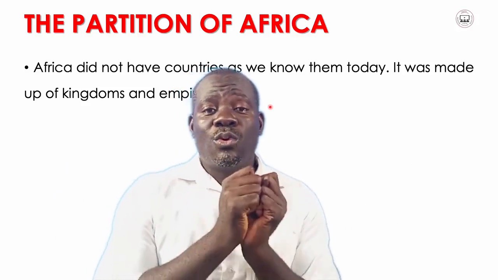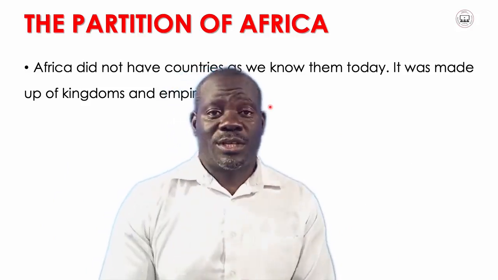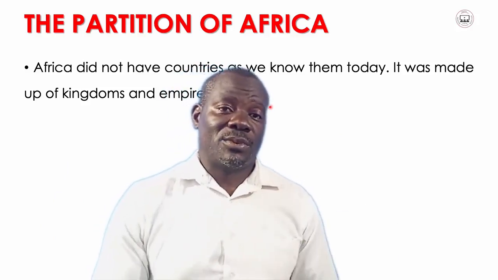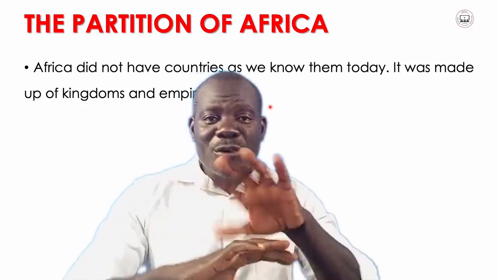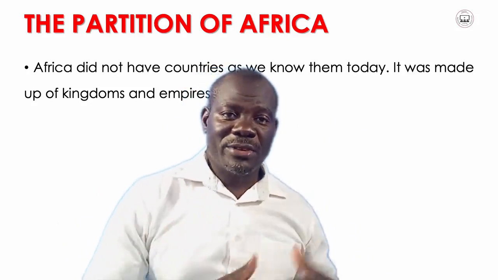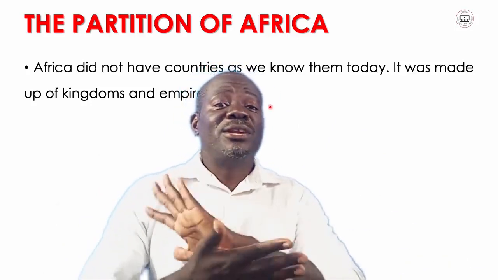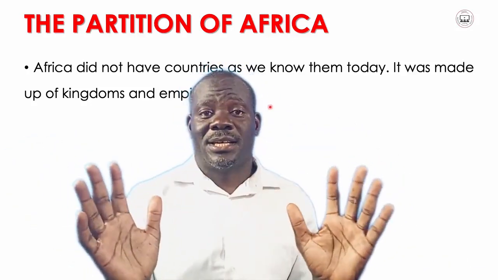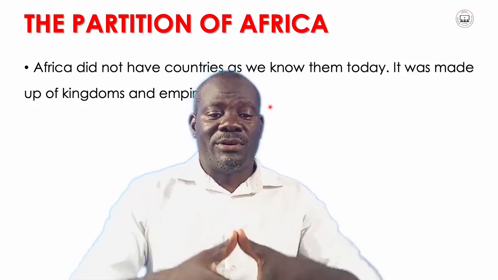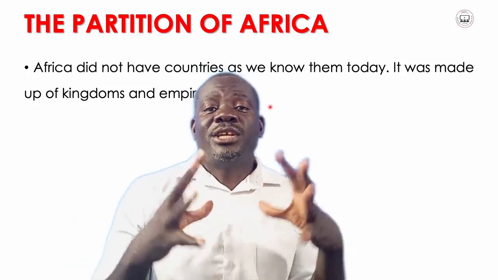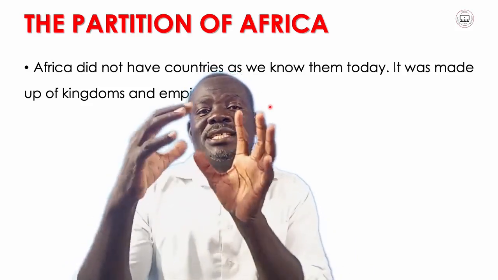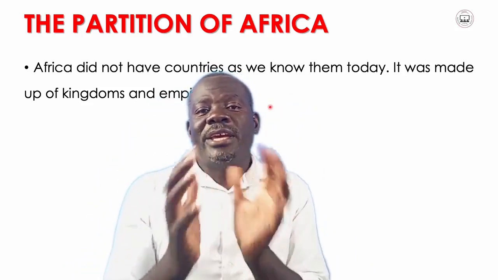For you to go to Mozambique, you need a passport. For you to go to Tanzania, a passport, something like that. But before there was Tanzania, Malawi, or Zambia, there were no such countries. There were no boundaries or borders as we know them today. They were just kingdoms, in specific areas.